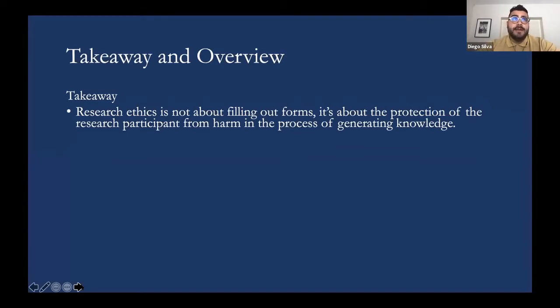As someone who was once on a research ethics board back in Canada, it can definitely feel very procedural, as if you're not actually doing anything meaningful when you're going up for ethics review. But the point of research ethics really is about the protection of the participant from harm in the process of generating knowledge, right? So it really is the protection of the individual participant or subject, what have you.